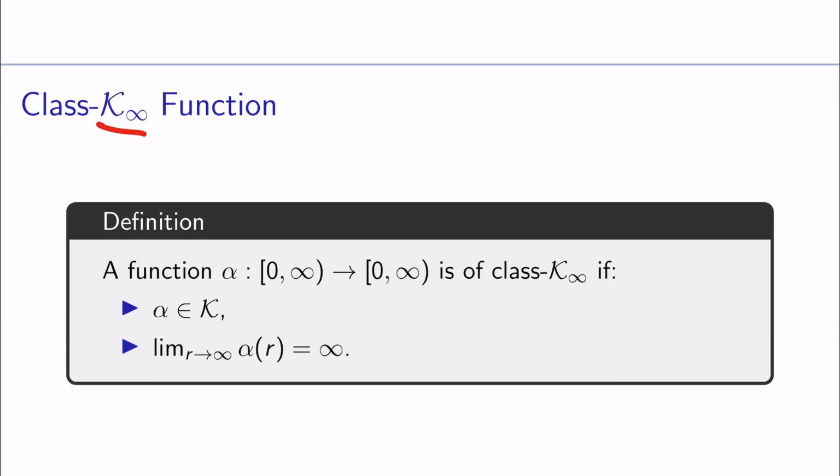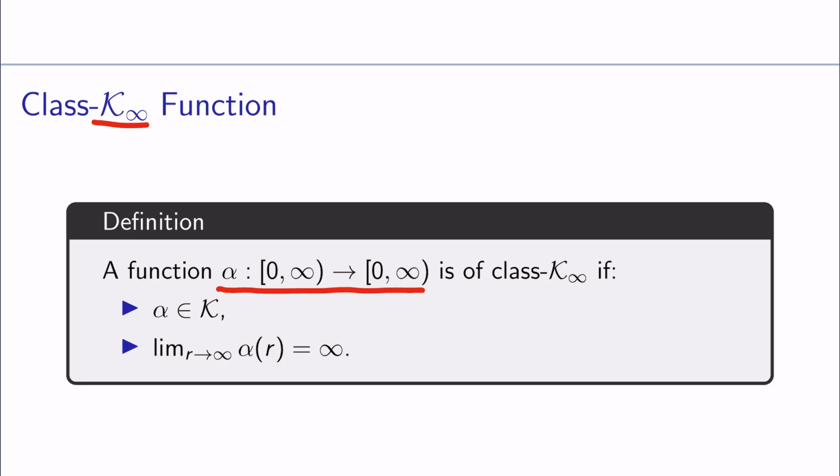So class K infinity, as you can imagine, this has something to do with class K. This is a subset, a set of functions where each of them is class K infinity, and this is a subset of class K functions.